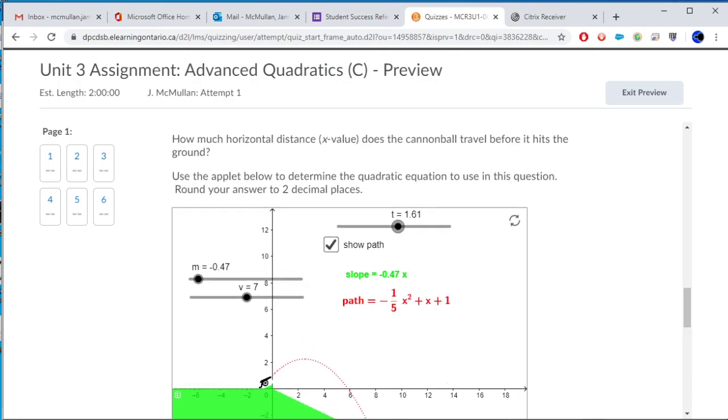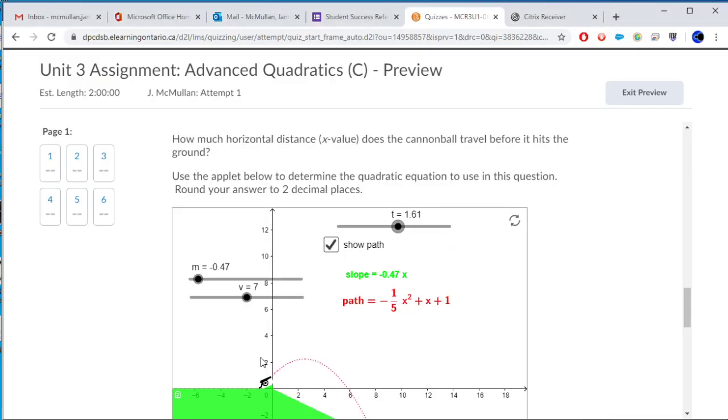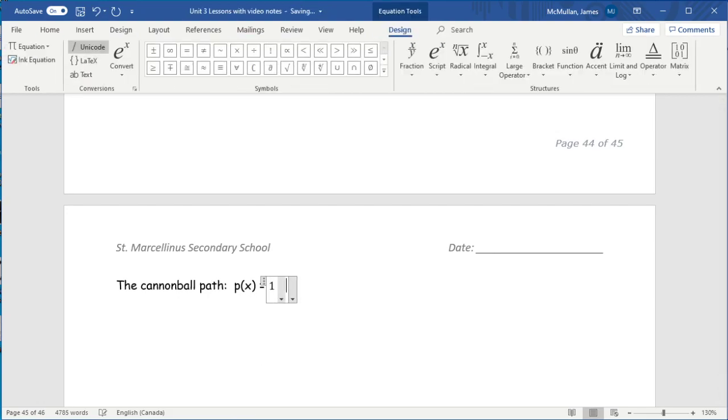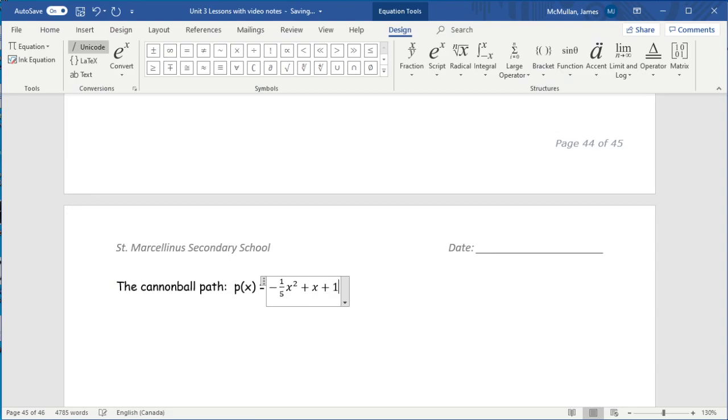Of course, if I want to solve this, what I need to do is take the slope, which is the equation of the hill, and then take the equation of the path of the cannonball, and just set them equal to each other the same way I would any other question. So the cannonball path, let's just call it P of x, was given by negative 1 over 5 x squared plus x plus 1.